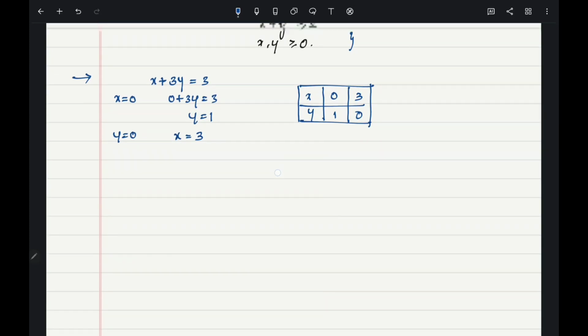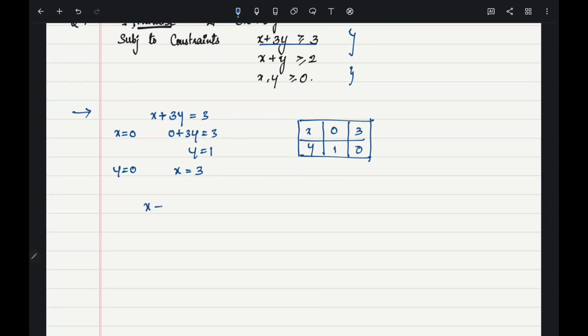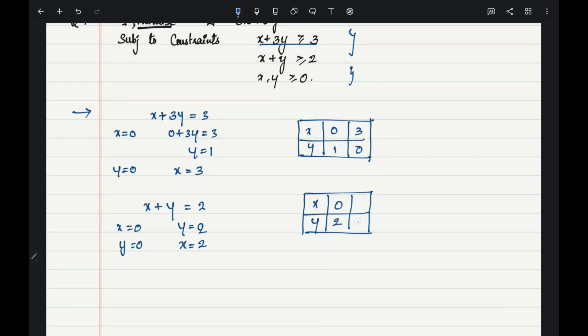In a similar manner, solve the other constraint, which is x plus y is equal to 2. If x is equal to 0, the y value will be 2 and if y is equal to 0, the x value will be 2. So the solution box is, if x is equal to 0, y is 2 and if y is equal to 0, x is 2.